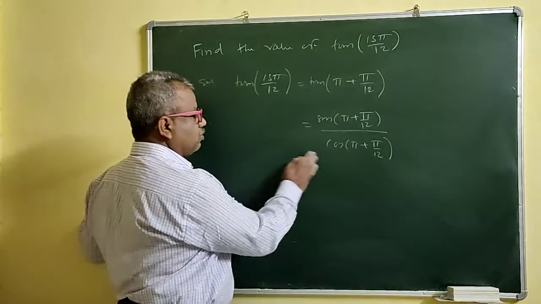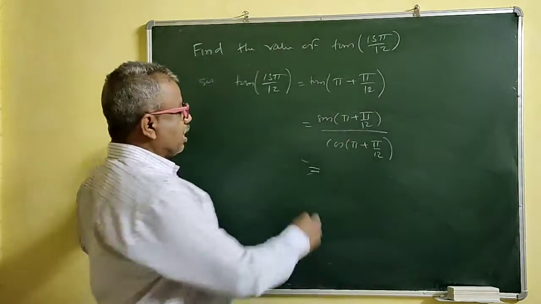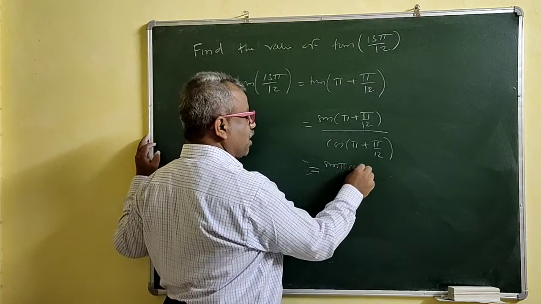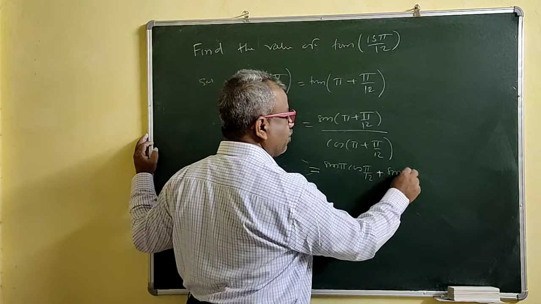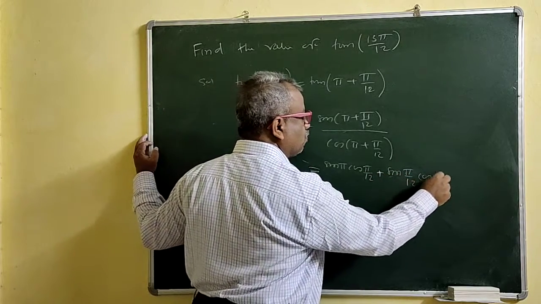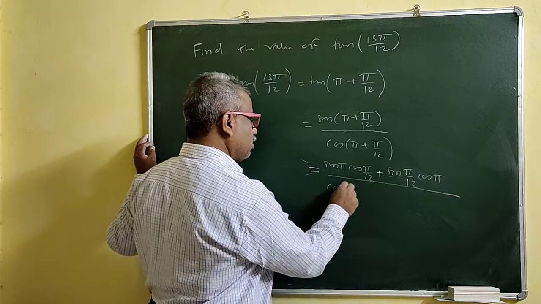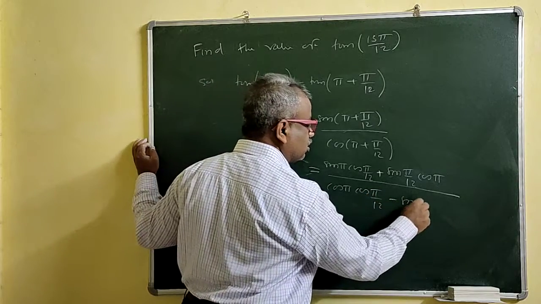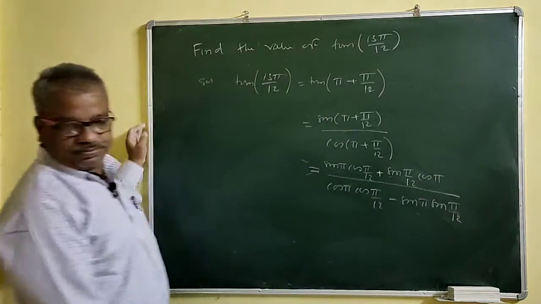In the competitive exam you have to directly apply this one, so we'll write the formula here. Sin pi cos pi by 12 plus sin pi by 12 cos pi, upon cos pi cos pi by 12 minus sin pi sin pi by 12.